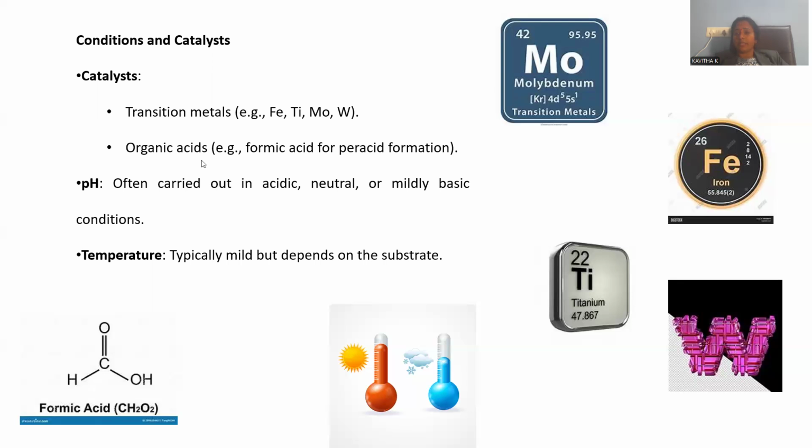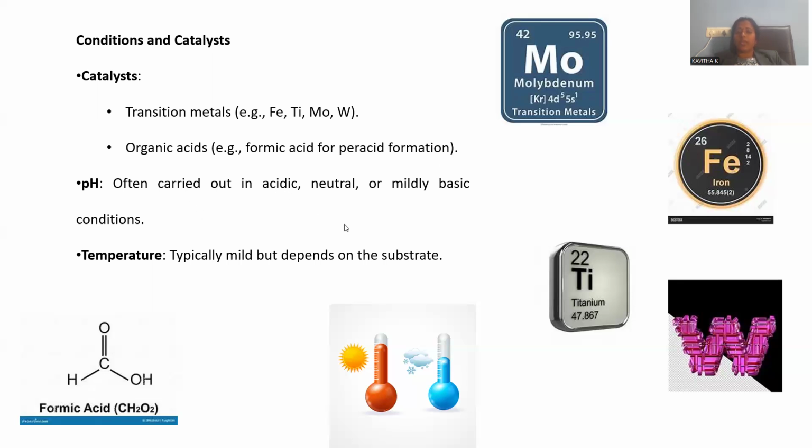Organic acids can be taken. Formic acid is an example. Formic acid is used to facilitate this peracid formation, so that the catalyst can be applied. In order to achieve the reaction in a faster manner with a high yield of the oxidation product, the optimum pH required is acidic conditions, which are most preferable.